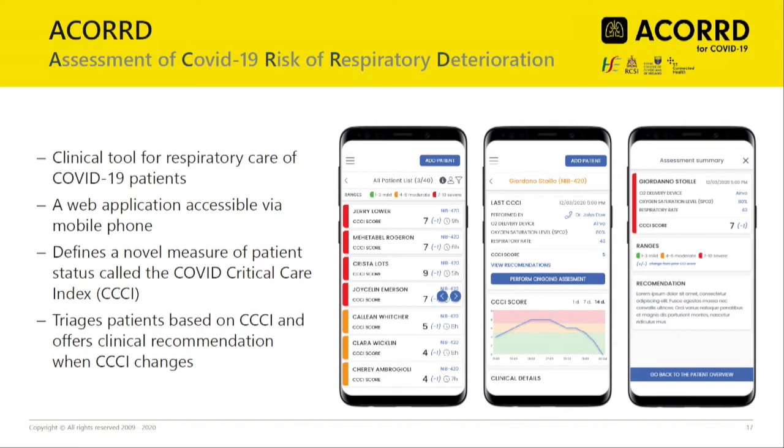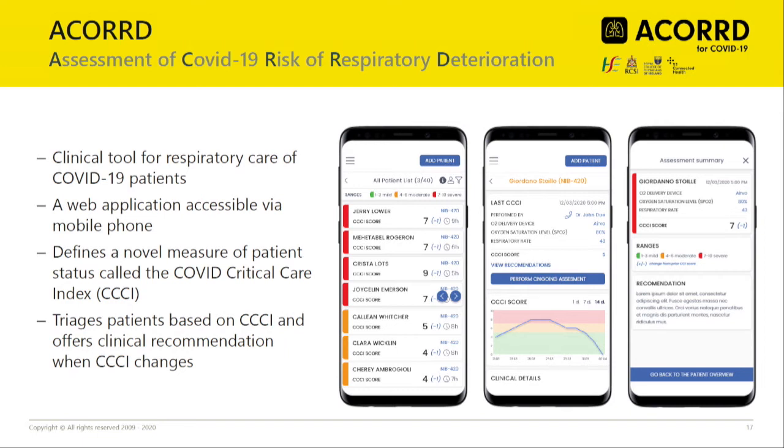Another solution that was developed very quickly is a solution called Accord, and this was designed over a weekend in Beaumont Hospital. I had the privilege to be in with 4 or 5 respiratory clinicians that designed this application, and essentially it was to allow both expert and non-expert consultants and hospital doctors manage patients with COVID-19.